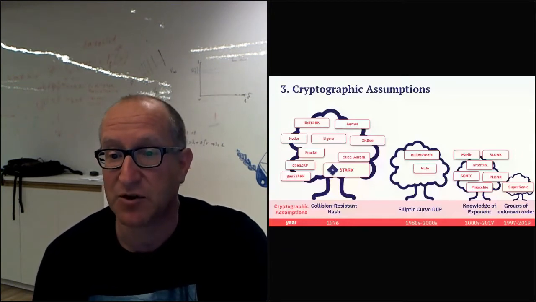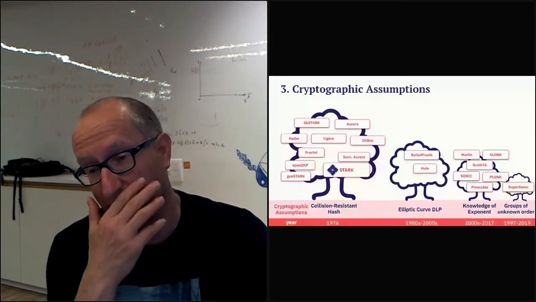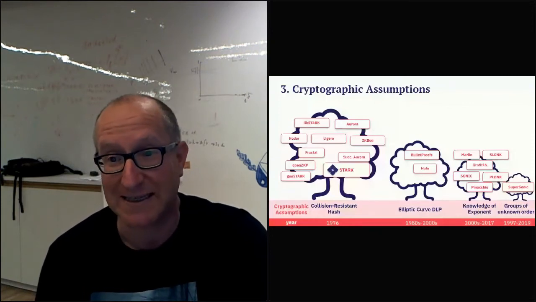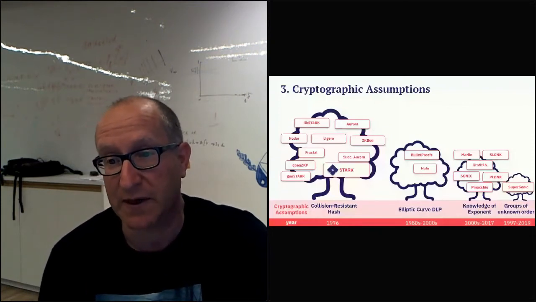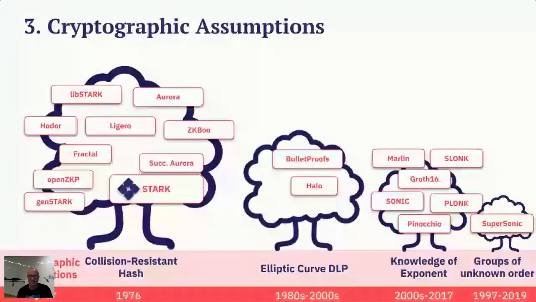You have things based on knowledge-of-exponent assumptions over bilinear groups, things in which the shielded transactions of Zcash relying on Groth16 lie, and you have things based on groups of unknown order, which is some generalization of the hardness assumption of RSA and things like that.